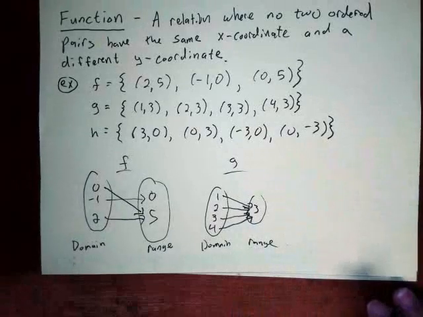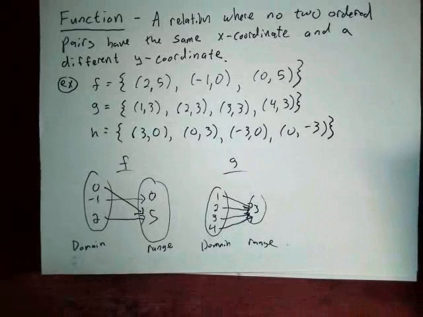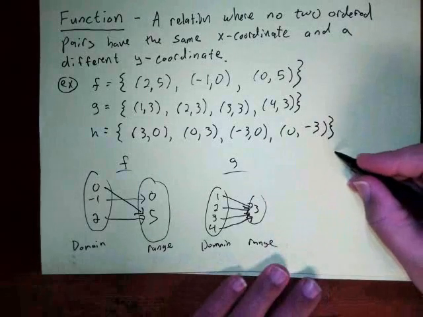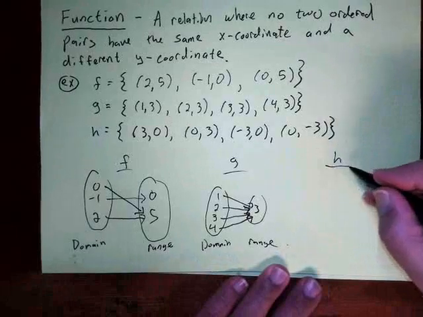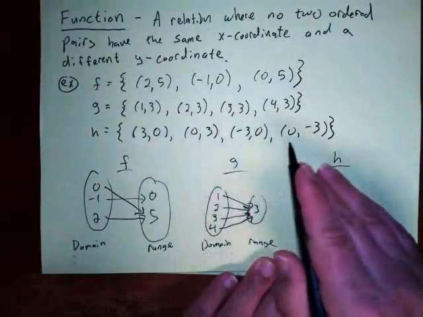So now, look at the last one. What do you think? Is that a function? Okay. This one is actually not a function. Okay. And let's see why. So it looks like we got 3, 0, negative 3, 0.